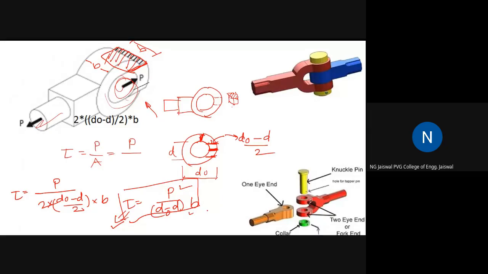It means you anticipated the failure of the single eye in this mode also. Accordingly, you wrote the equation and found the answer. That answer will suggest that if you take that value, it will not fail under shear, because you have taken it equal to the permissible shear stress.